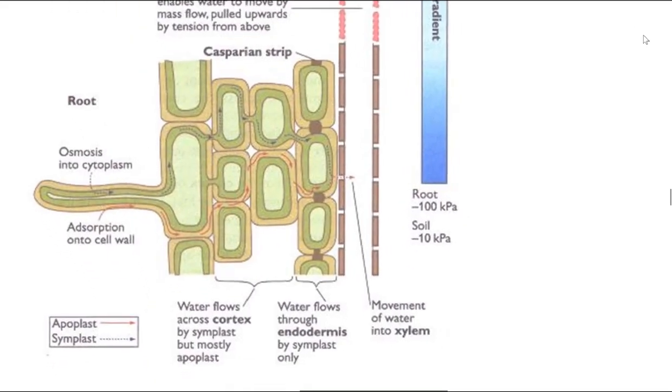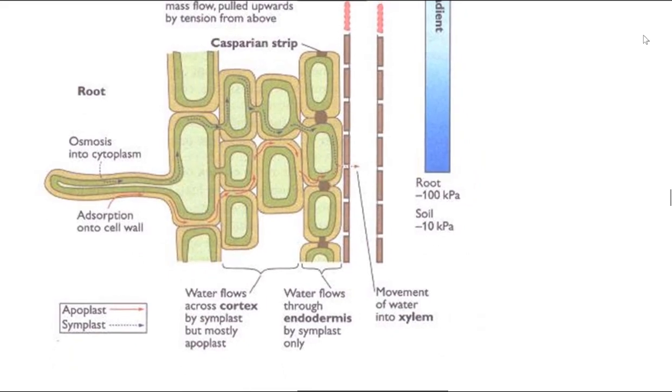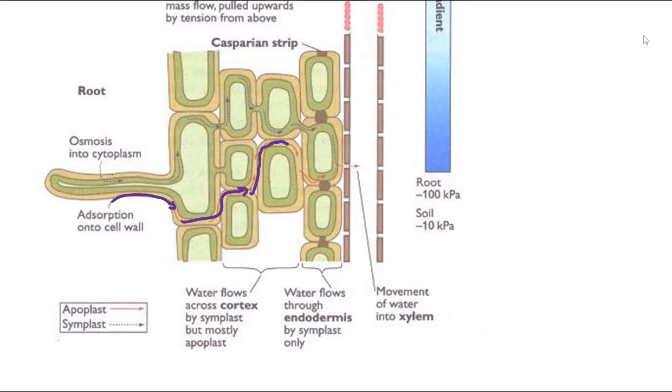So down here in the root, the main things that we talked about were the apoplast and the symplast pathways. So there was the apoplast. Here's the symplast. Now the difference was the apoplast moves water molecules through the cell walls, and that's where most water moves.